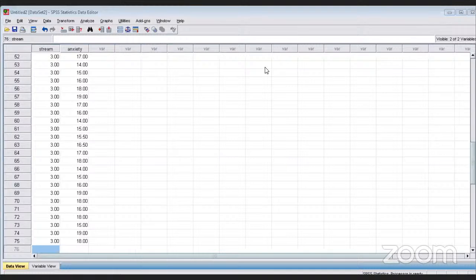Somaya, whatever the data of the anxiety you have, you have to enter exactly the same data. So nothing to worry about it.